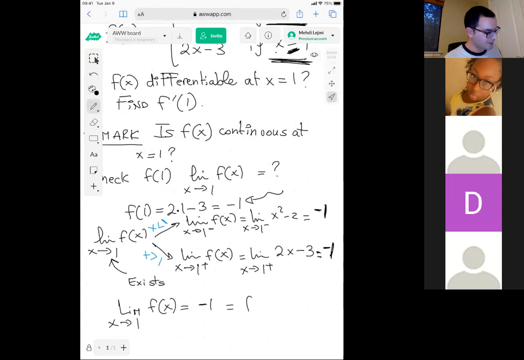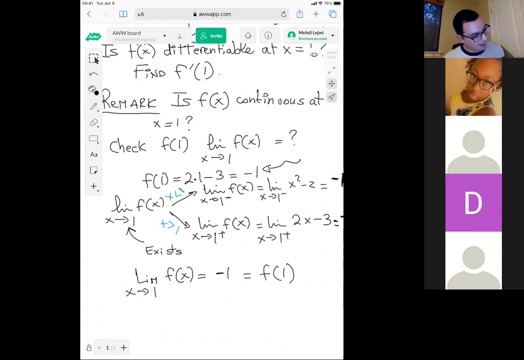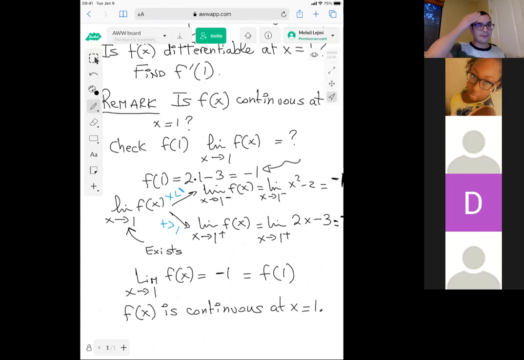So then f is continuous at x equal to 1. So that's good.